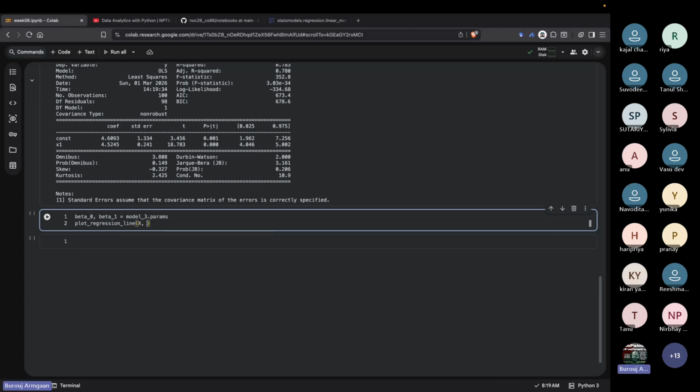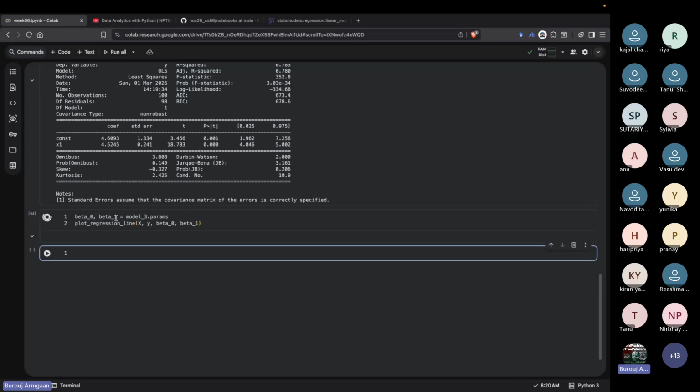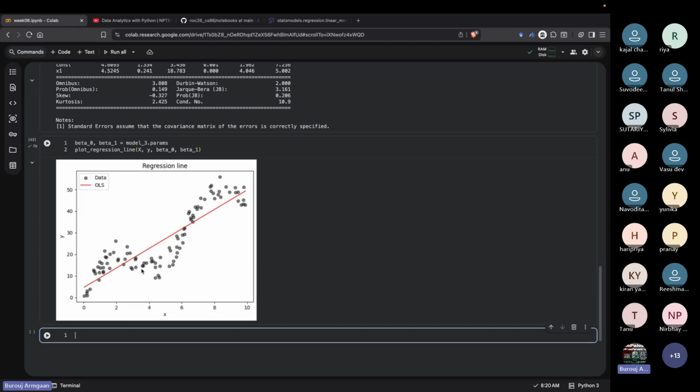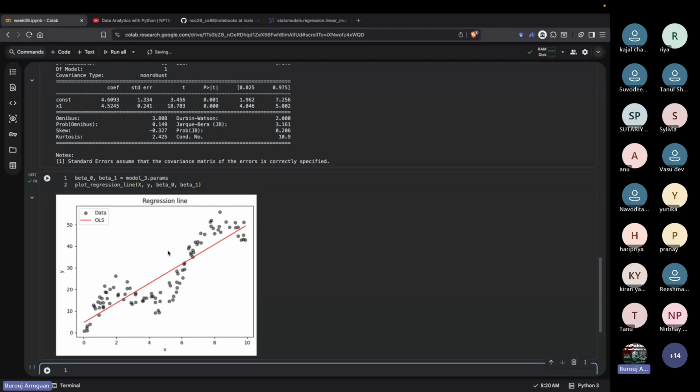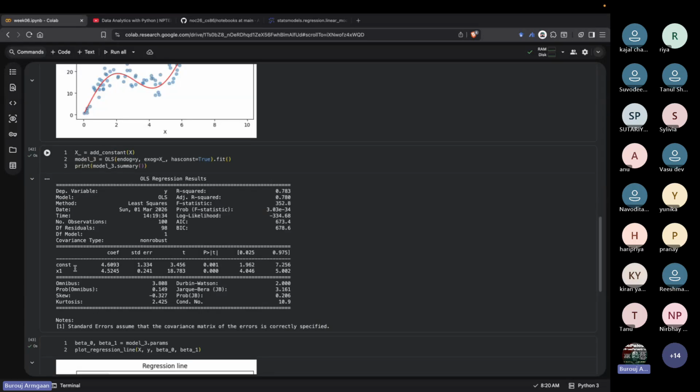We will have x, we will have y, we have beta 0, beta 1. So you notice something like this. It will fit the data to the best of its ability. In this case, it is minimizing this thing, but this is not the correct model, even though this is the best possible linear model. So when you reject your null hypothesis, this does not mean that you have a linear relationship.